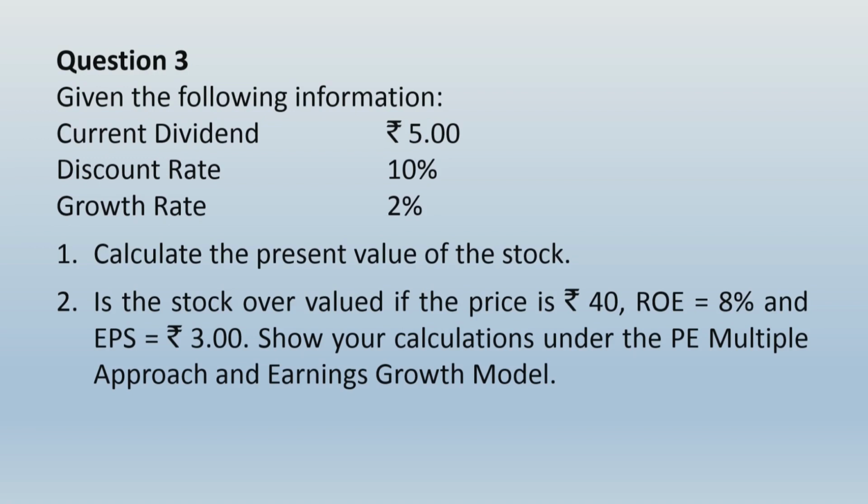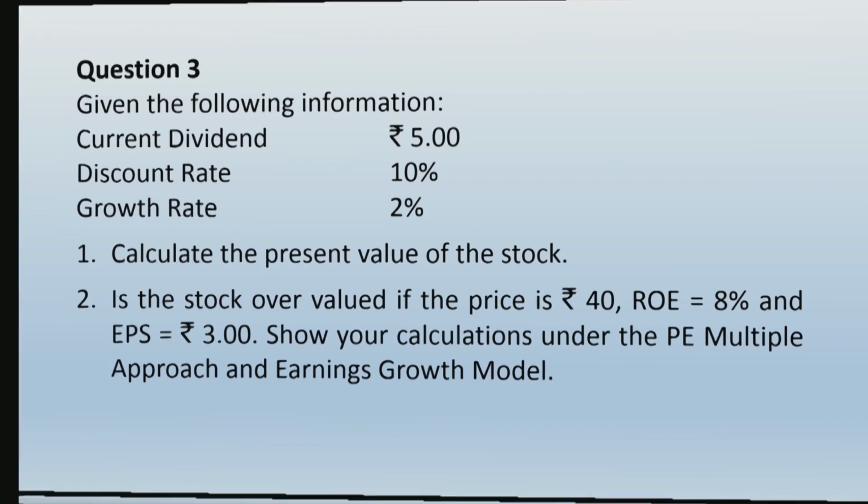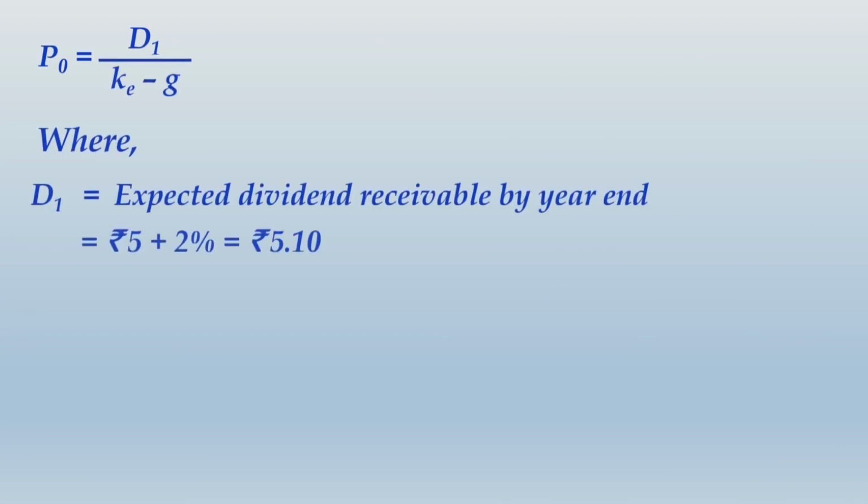So friends, what we do is we first find out the present value of the stock, that is from the base information given in the question, which is going to be very simple. So P0 will be D1 upon KE minus G. You would obviously define the variables. Important thing over here is expected dividend receivable by year end. We have added 2% to rupees 5. Why?